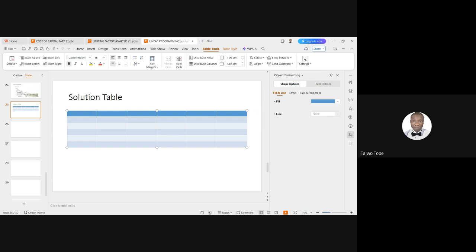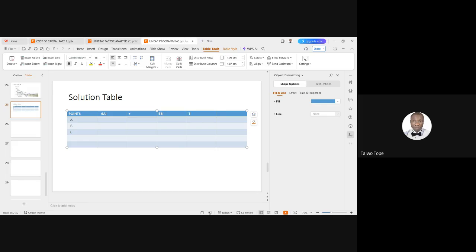We have points on the graph: point A, point B, and point C. Now, our contribution is 6A plus 5B.